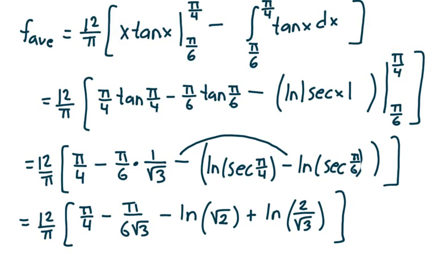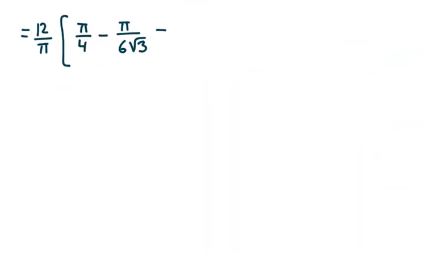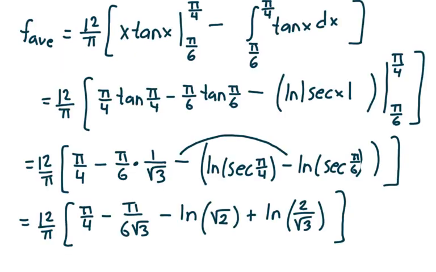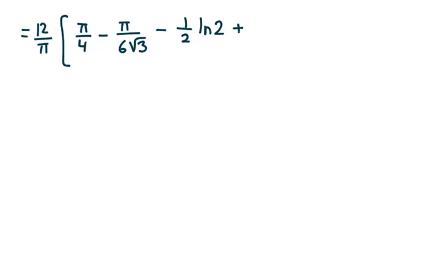Then I'm going to go minus 1/2 natural log of 2 plus, and then I'm going to go natural log of 2 minus natural log of square root of 3. And I'm going to go just a little bit further, okay?